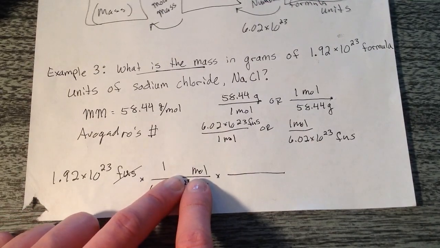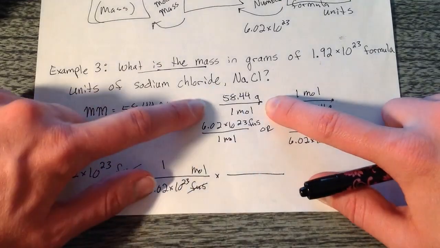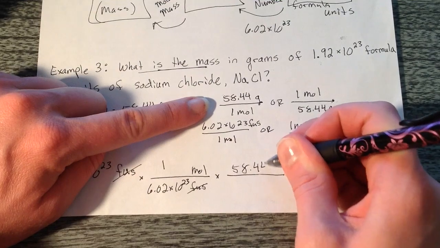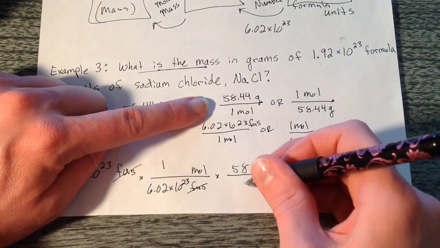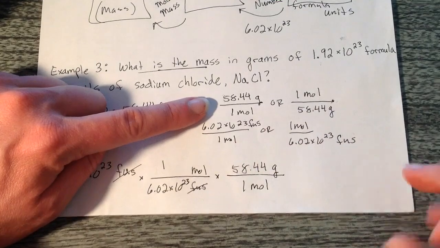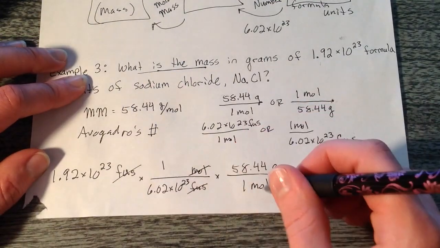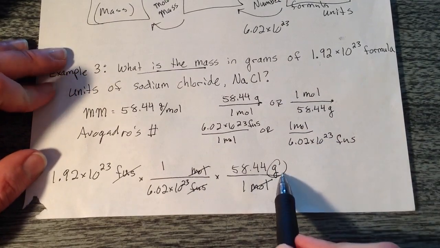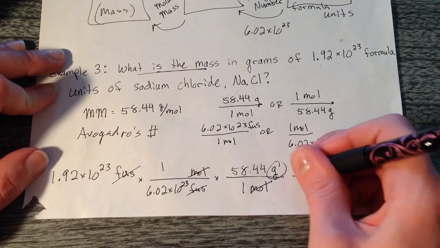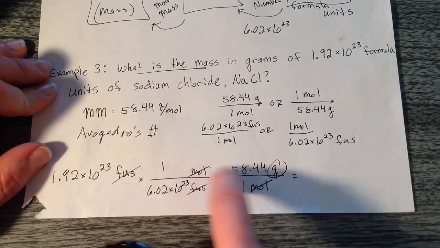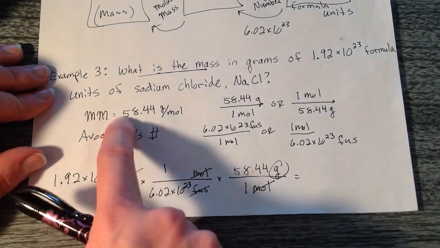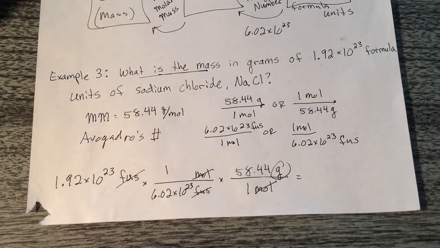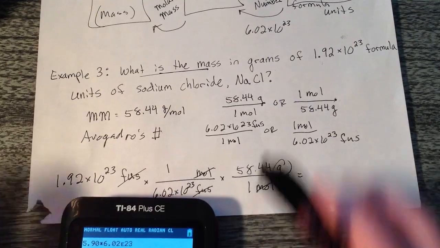I need my unit of moles on the bottom, so I'm going to be looking at my 58.44 on top and 1 mole on the bottom in order to cancel moles. Moles cancels with moles, I'm left with grams. That is the unit it is asking for, so that's the unit that I'm going to report for my answer. I've canceled all my other units. I've used my 2 conversion factors. So to check my work, I think I'm good to go and start plugging this into my calculator.